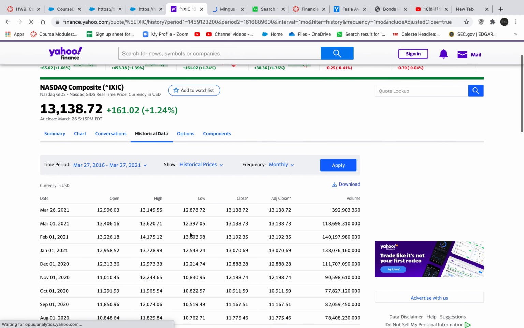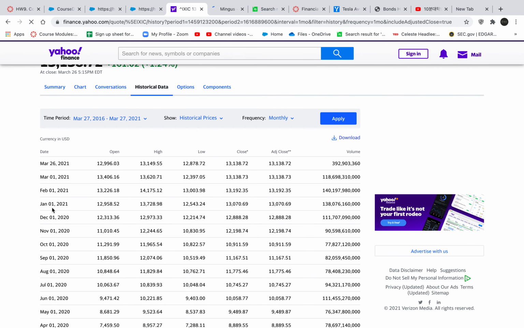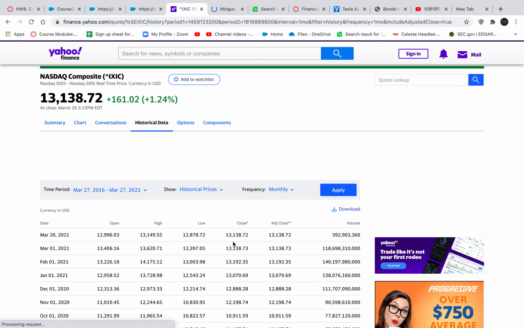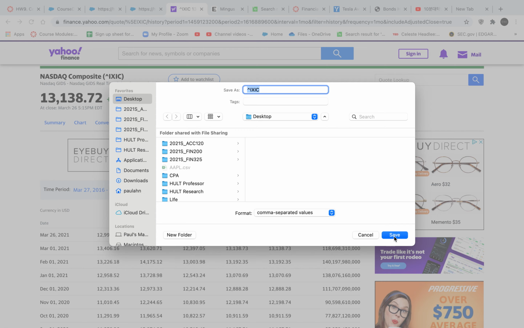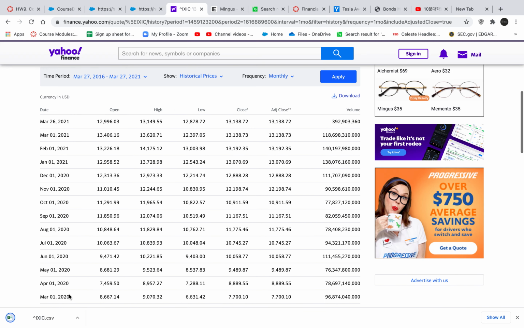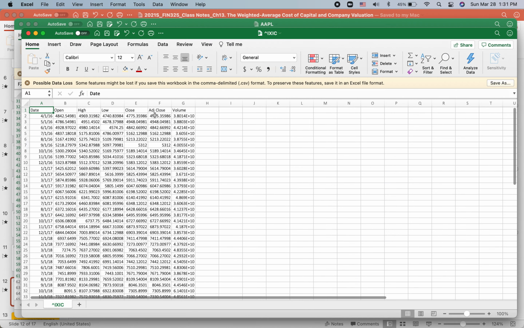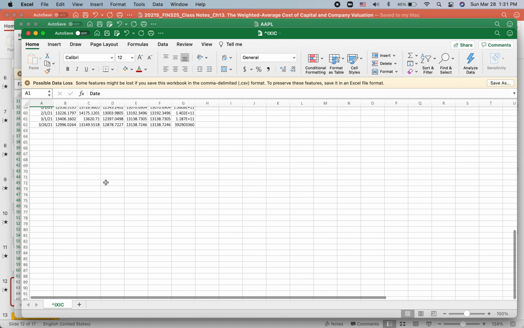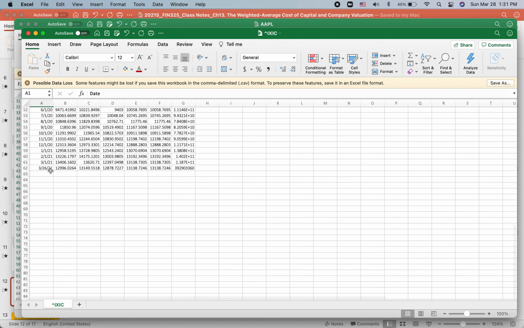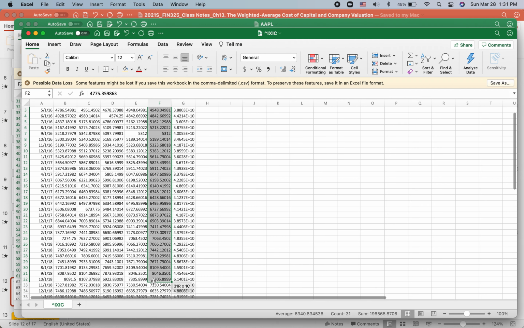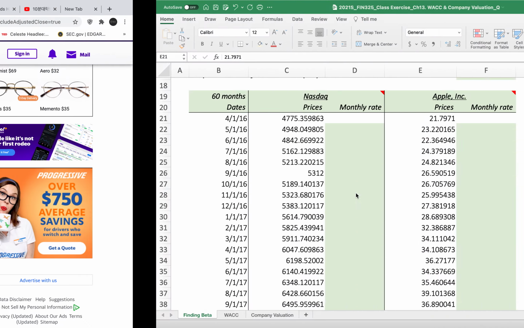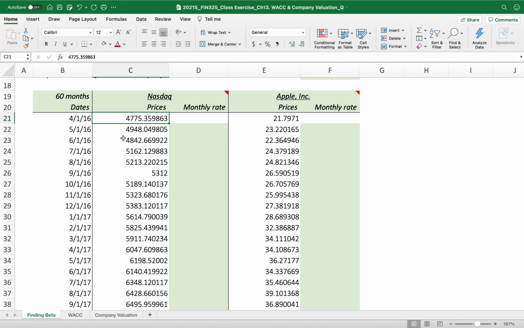So we get the monthly stock prices of this market. Then let's download. Same procedure. Then you see from April 1st, 2016 to 2021. Then the adjusted closing prices, just copy and paste into our Excel exercise, and then we got them here.